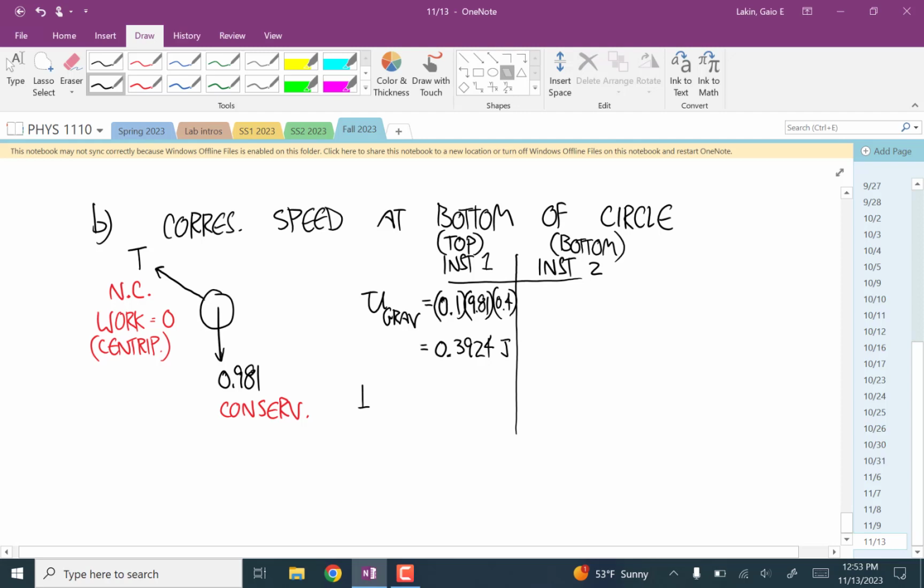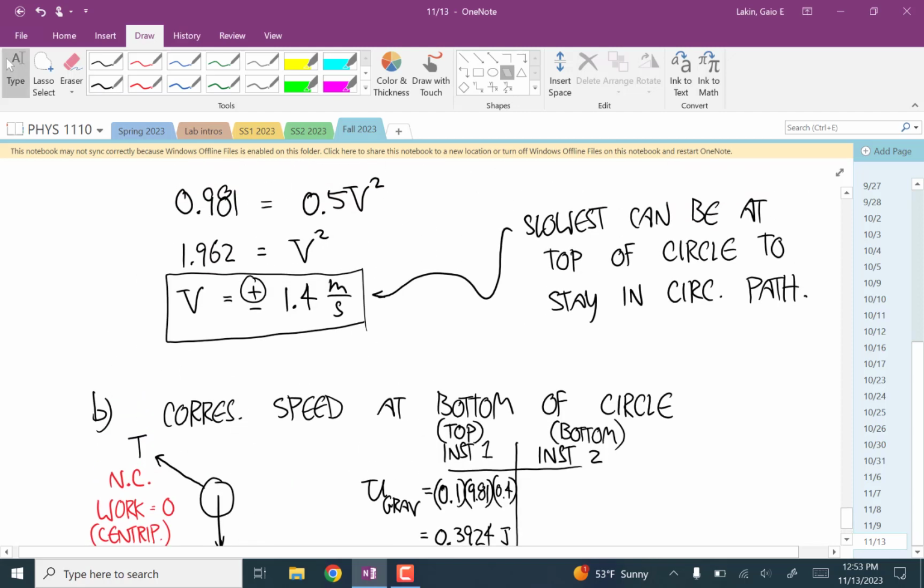And the kinetic energy at the top is 1/2 times the mass of this thing, 0.1, times the speed squared. Well, we calculated that the speed squared is 1.962.